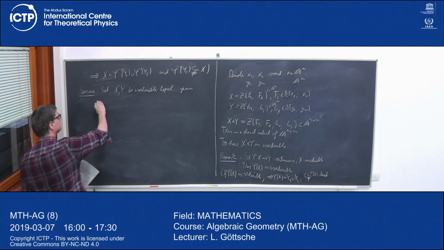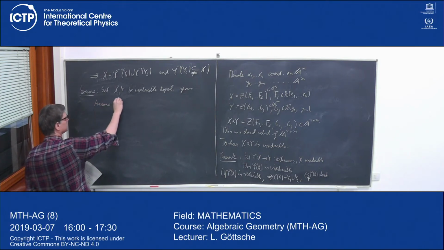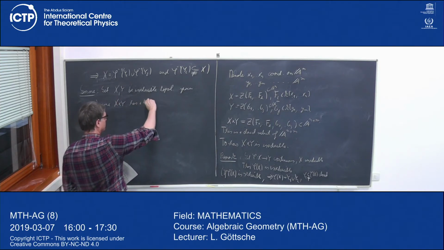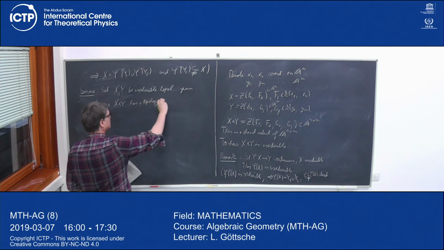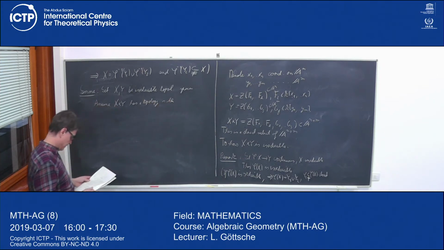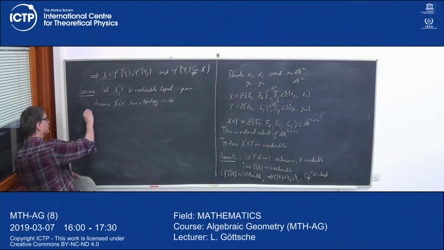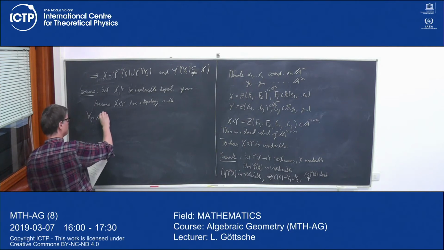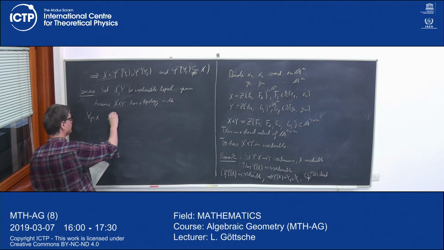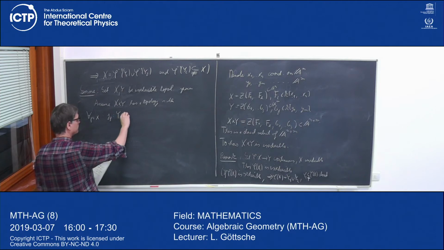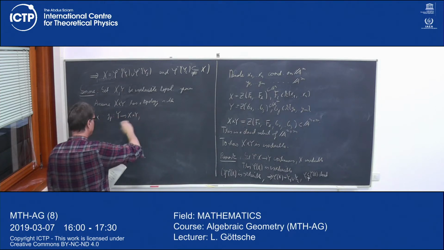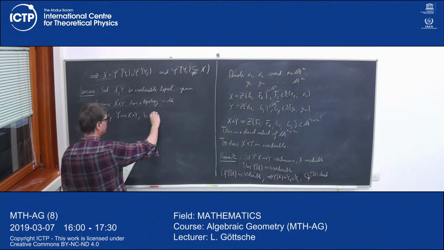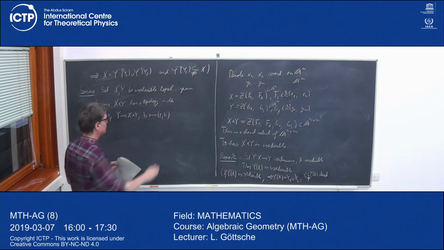Assume that the set X times Y has a topology such that, first, for all points p in X, the map j_p from Y to X times Y, which sends the point b in Y to (p, b), is continuous.